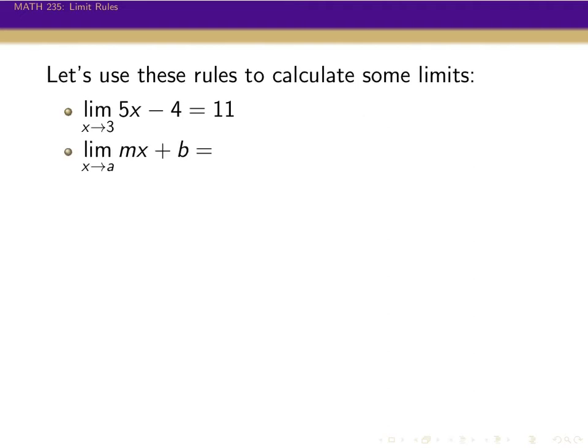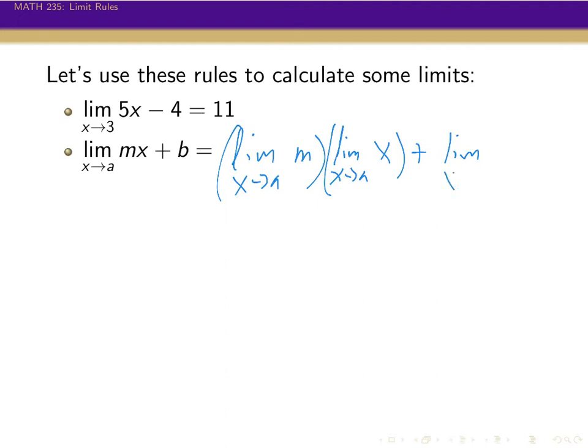So the same idea we can use basically on any line, right? If we looked at the limit of just some general line, mx plus b as x goes to a, we can break it up the same way that we saw before. The limit of m as x goes to a, that's just a constant, m.